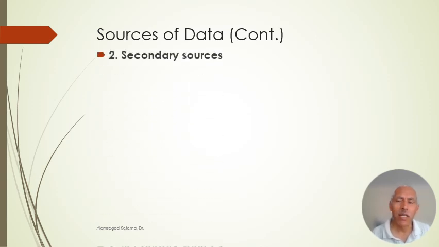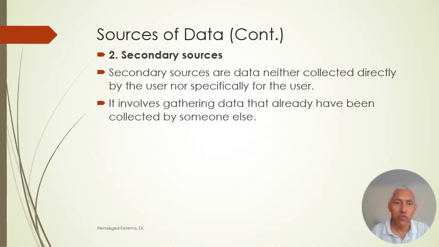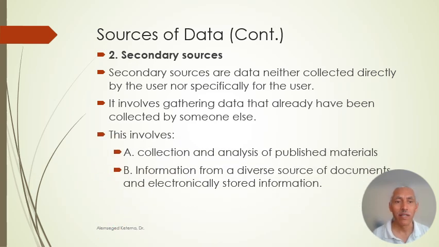Source of data, the second one is secondary sources. These are sources that are neither collected directly by the user nor specifically for the user. They're not collected for you, but by somebody else, and they are useful for you. It involves gathering data that already have been collected by someone else.